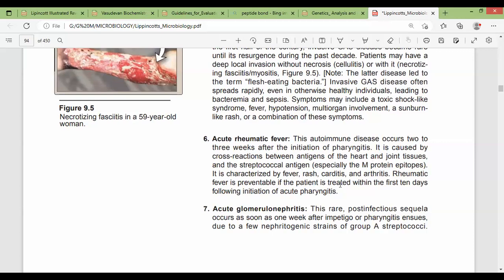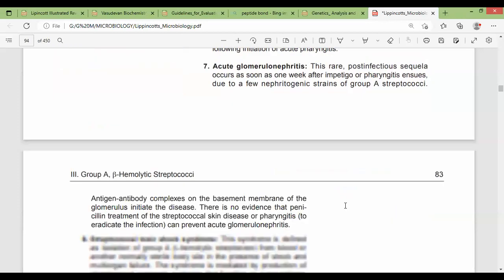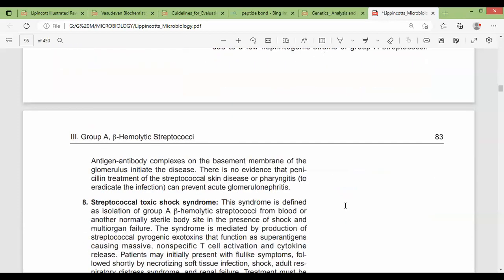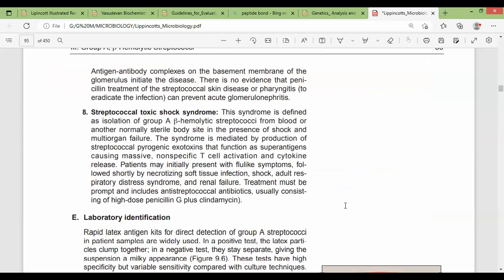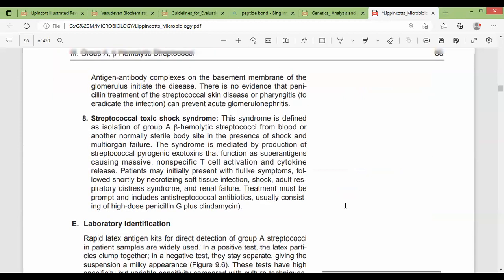Why will they be attacking your heart valves? Because there is cross reaction between the antigens of your heart valves and this M protein that we've mentioned in group A streptococci. So the antibodies will be seeing your heart valves as if it's a foreign organ and start attacking. So that's all.